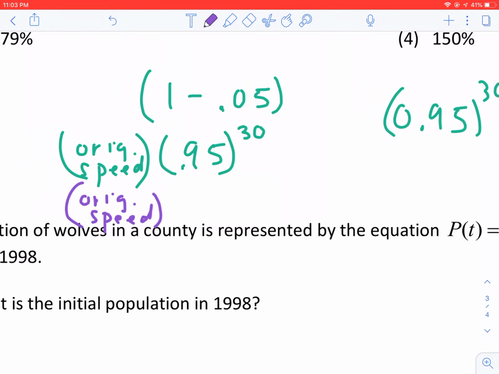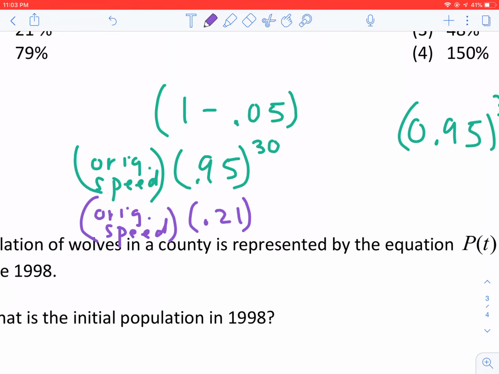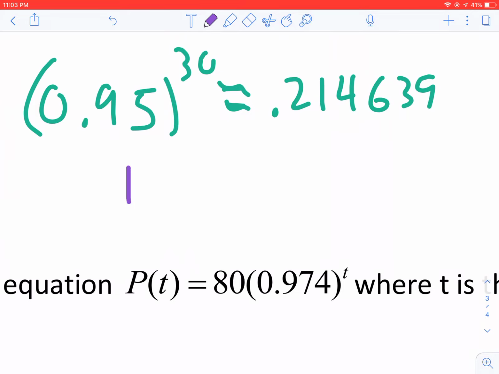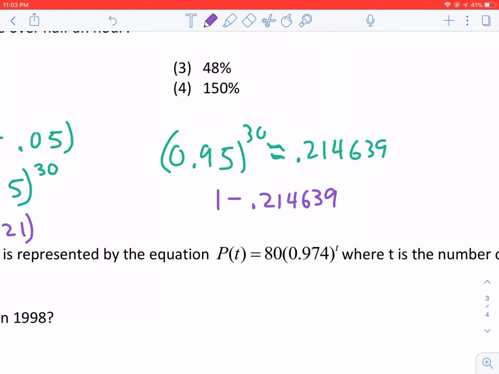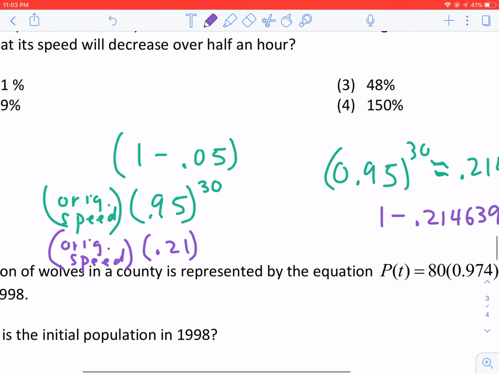I'm just going to round to 0.21. So we have 21% of the original speed. So how much speed did we lose? Well, we have to do 1 minus this quantity, 1 minus 0.214639. That's going to be approximately 79%.